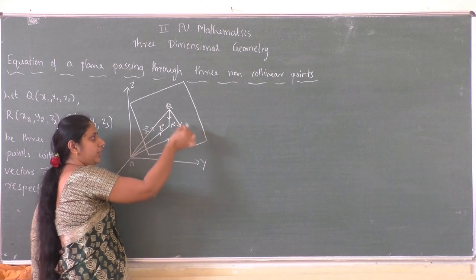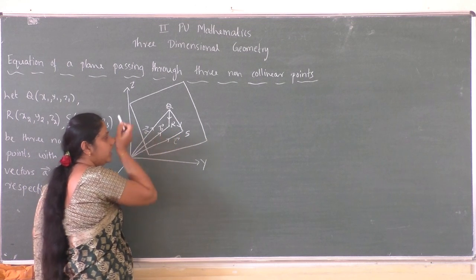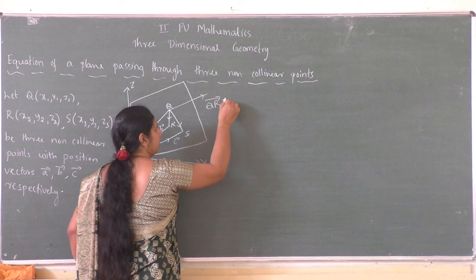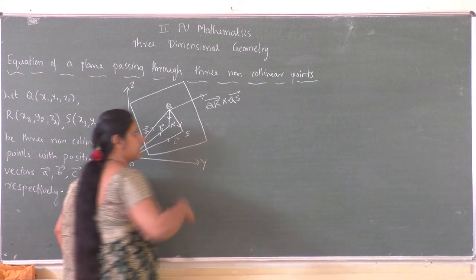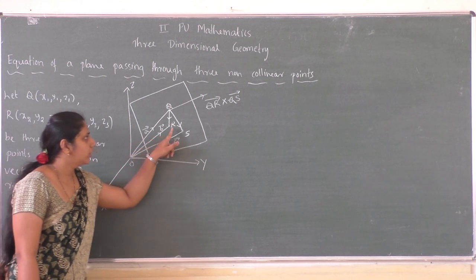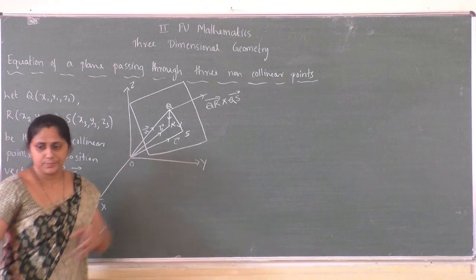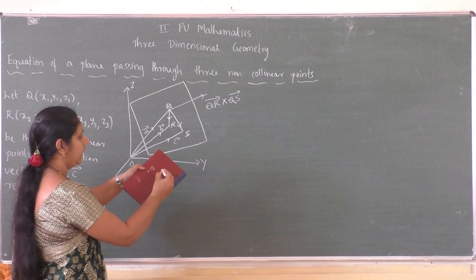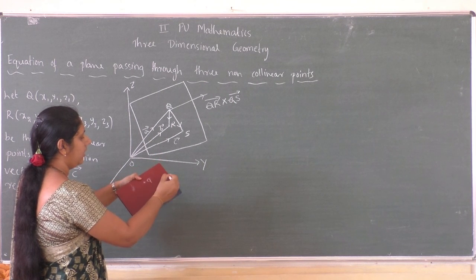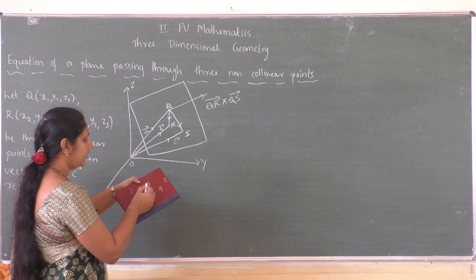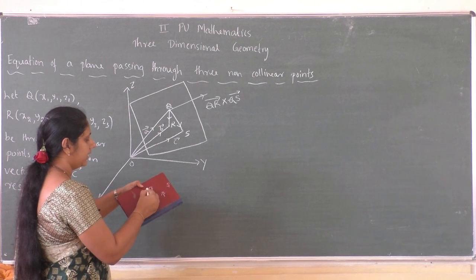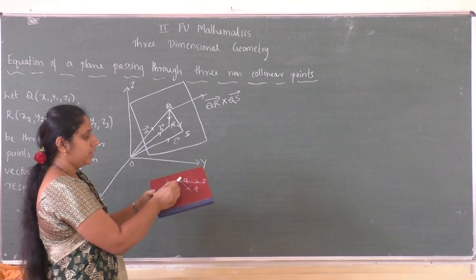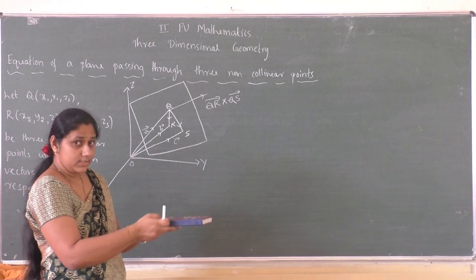Since QR vector and QS vector lie on the same plane, the vector QR cross vector QS will be perpendicular to both QR vector as well as QS vector. See, here we have one point Q, another point R, and another point S. QR vector and QS vector lie on this plane, like this, right?